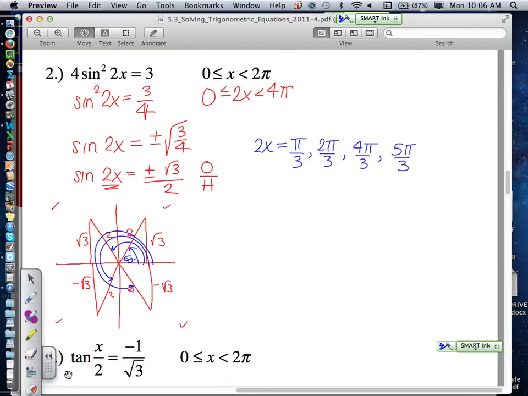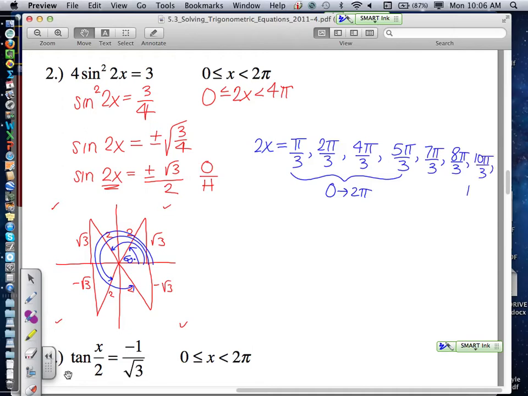Okay, so that takes care of all the angles from 0 to 2 pi. But my domain, notice, goes from 0 to 4 pi. So again, I have to add one full rotation. Adding one full rotation is adding 6 pi over 3. So now I'm going to have 7 pi over 3. Adding 6 here gives me 8 pi over 3. Adding 6 here gives me 10 pi over 3.